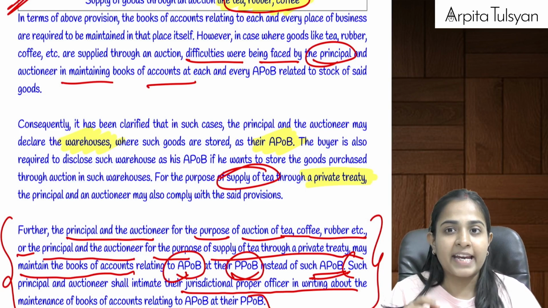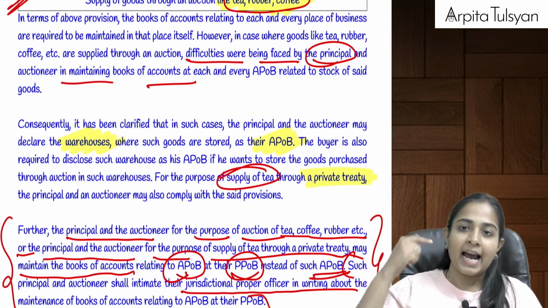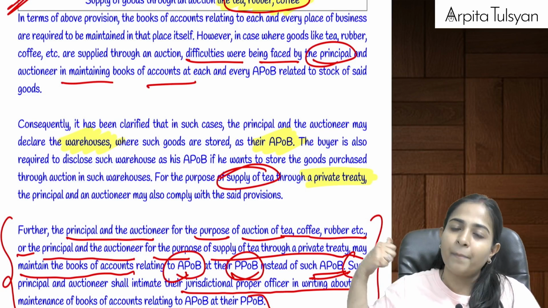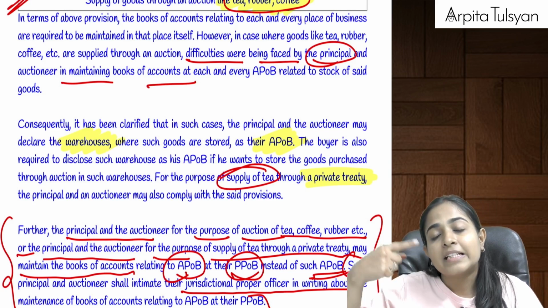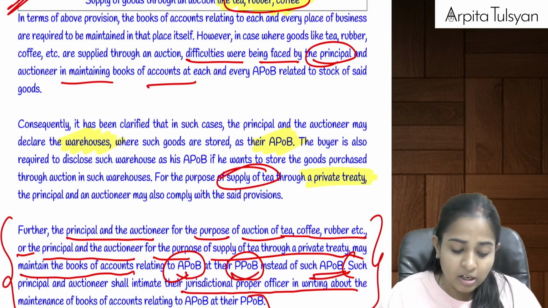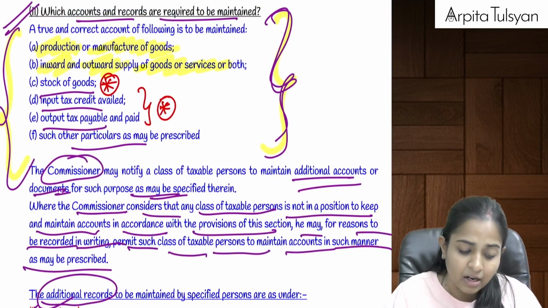And in such a case, if there is a supply from principal to agent and then agent to the buyer, then ITC provisions are normally applicable. That is, the principal will collect tax from the agent and pay it to the government. When the agent sells it to the buyer, it can take the ITC of the amount which was paid to the principal. That was a special provision applicable for supply of tea, rubber, coffee.